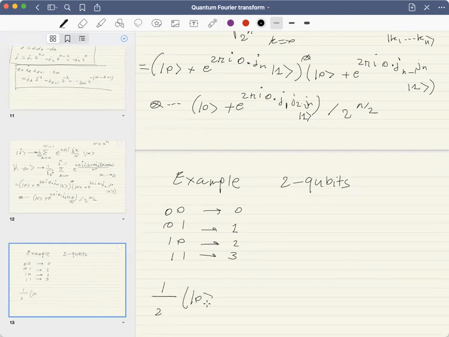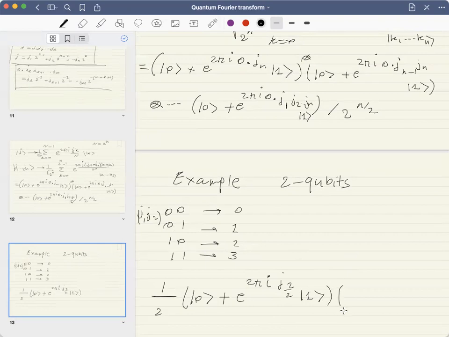Then the first state is going to be 0 plus e to the 2 pi i times 0.Jn, so n is 2, that's J2. So this is J1 J2, which can be either 00 or 01. J2 over 2, right? That's what this means.